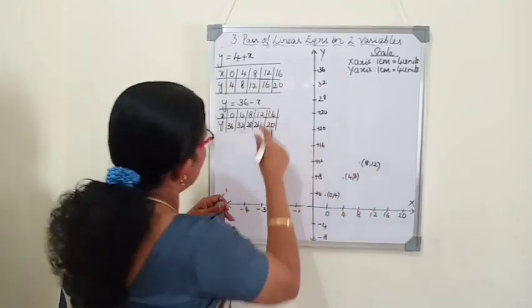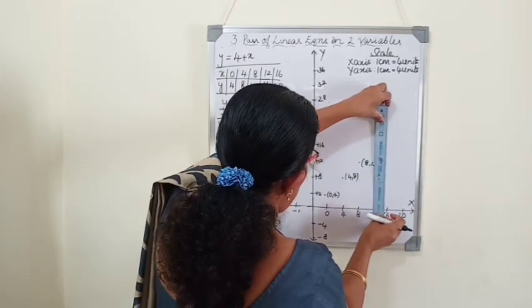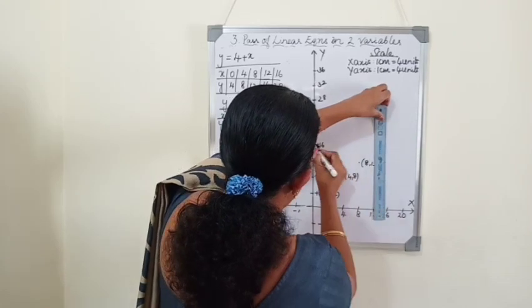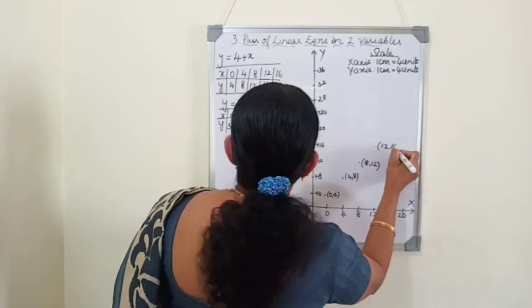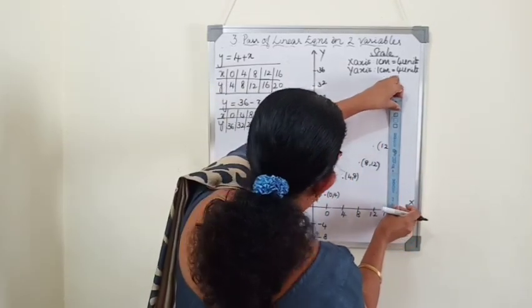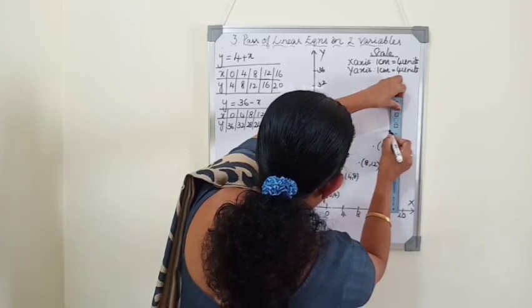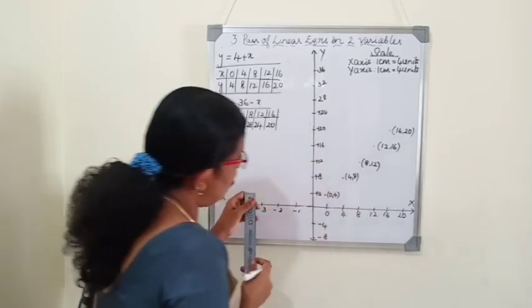Next 12, 16. Next 16, 20. So we'll draw the straight line.